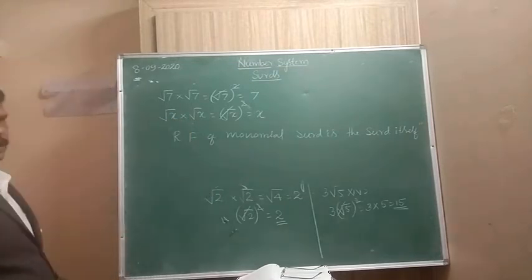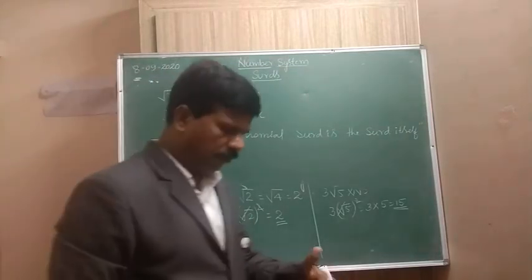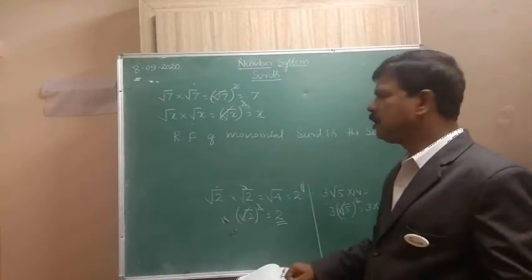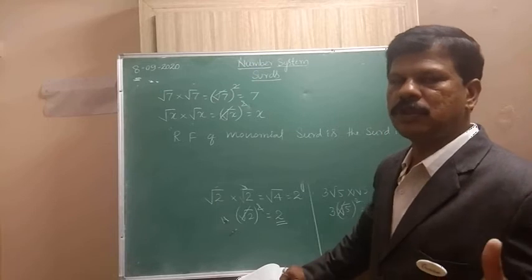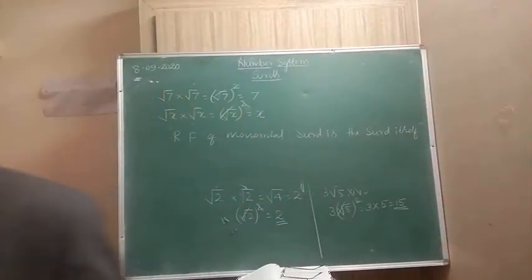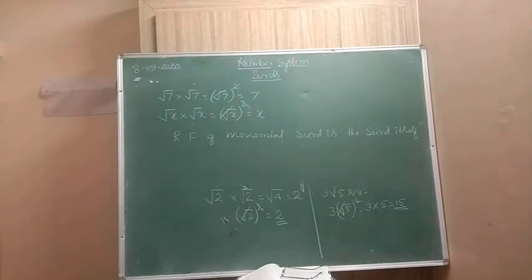While writing the RF of a monomial surd, you should write the same surd as its RF, that means rationalizing factor. Clear? Right?